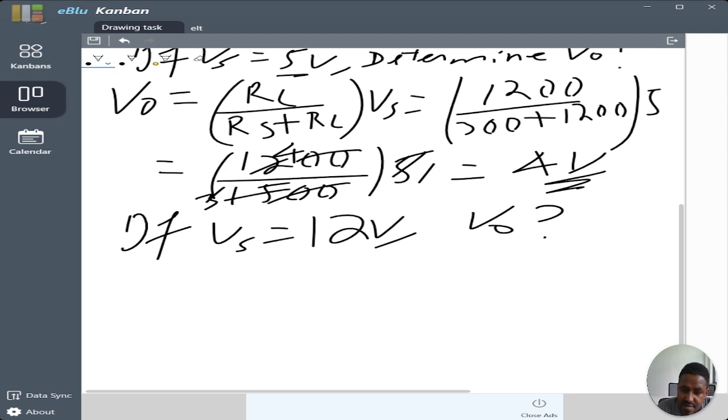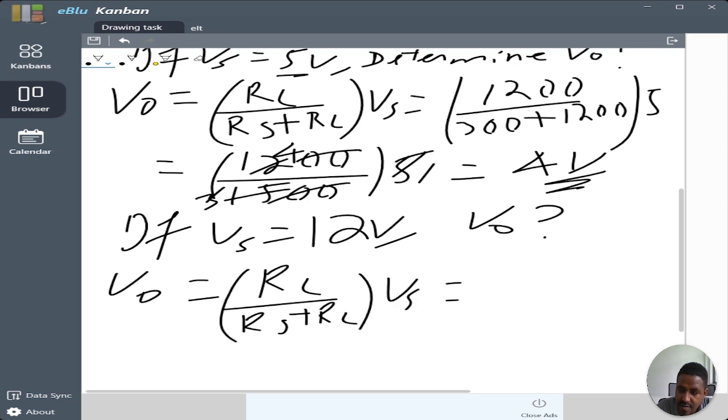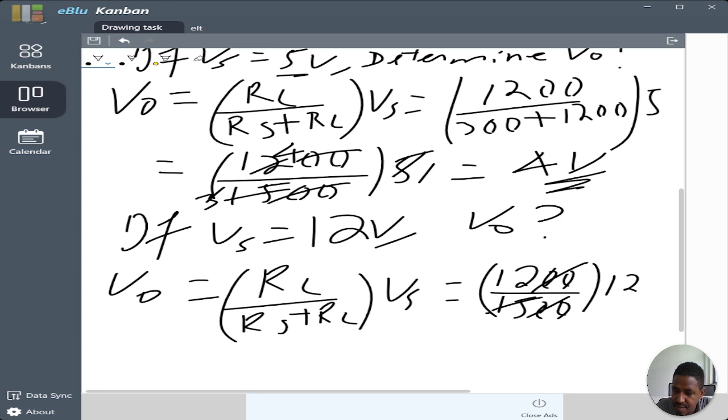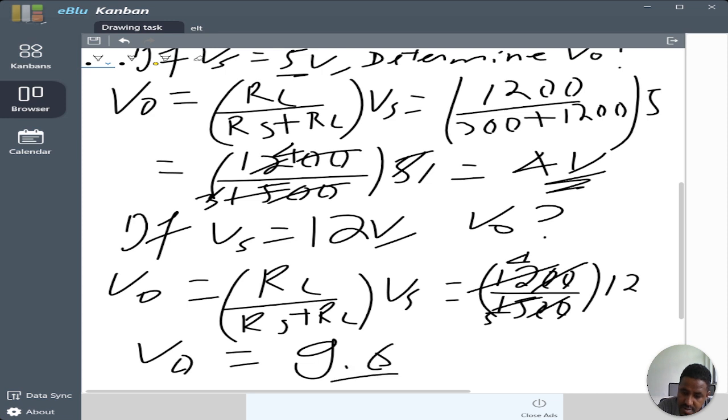Then again V out, if 12 volt, we can replace RL over Rs plus RL times Vs. This becomes 4 over 5 times 12, and the result becomes V out 9.6 volt.